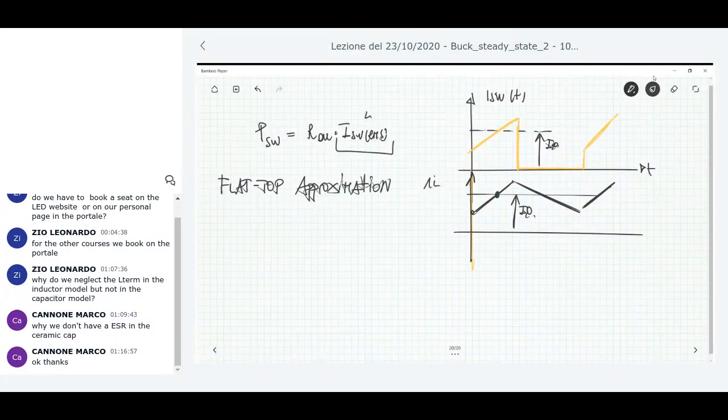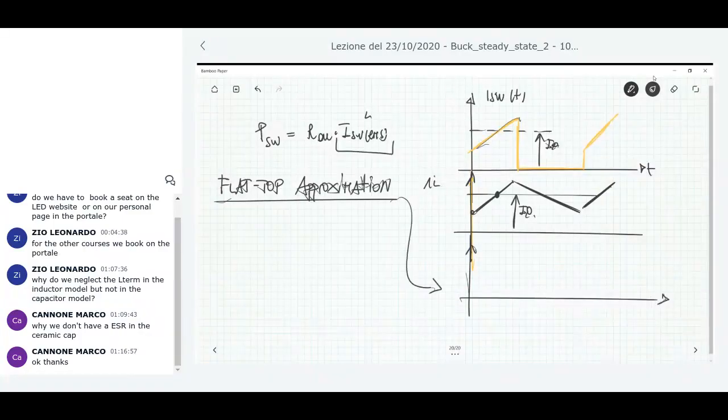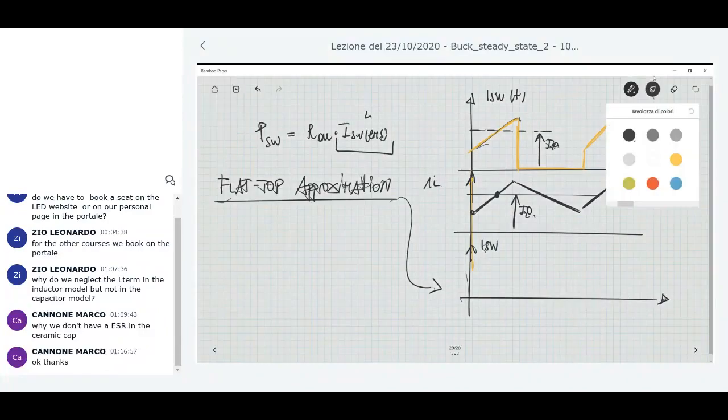Flat top approximation means that instead of having this waveform, which has the slope over there, I can approximate the waveform in this way. Let me change the color. Green.